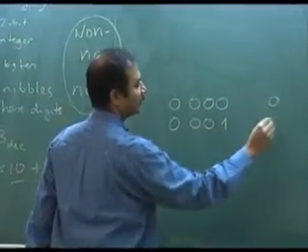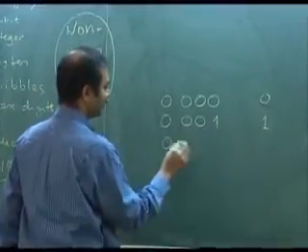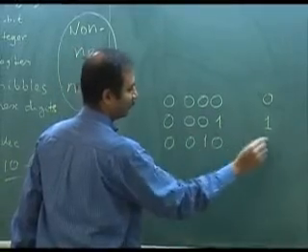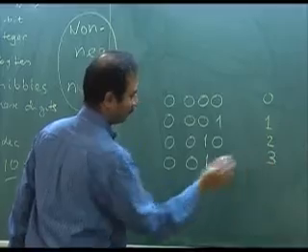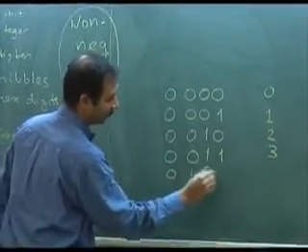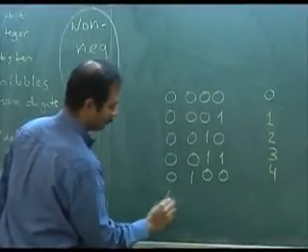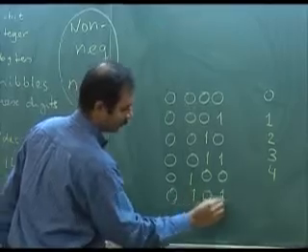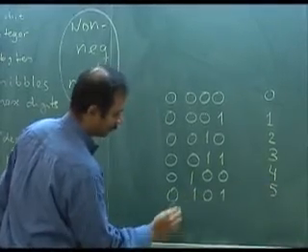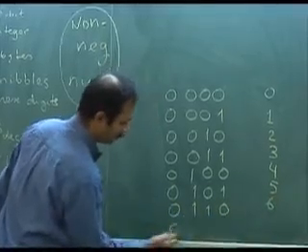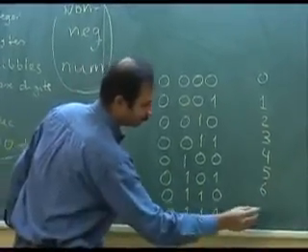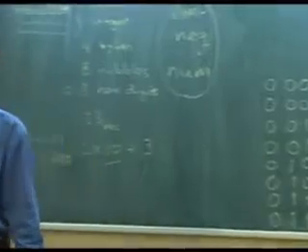So this is 0 decimal, that's 1 decimal. So that's the positive numbers.